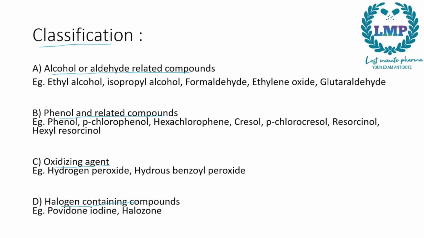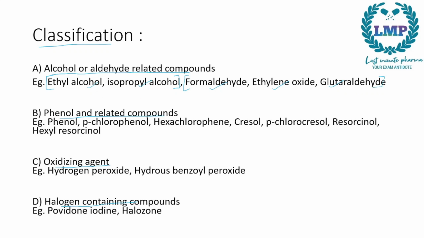So the first one we have is alcohol and aldehyde related compounds. In alcohol and aldehyde related compounds we have ethyl alcohol, isopropyl alcohol, formaldehyde, ethylene oxide, glutaraldehyde. So we have 2 alcohols and 3 aldehyde related compounds. In alcohol we have ethyl alcohol and isopropyl alcohol. In aldehyde related compounds we have formaldehyde, ethylene oxide and glutaraldehyde.